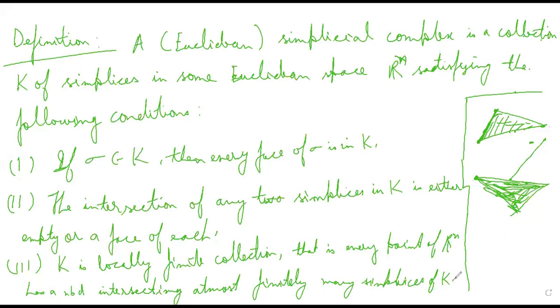So what does it mean? That means that a situation something like this is not allowed. For example, infinitely many simplices cannot have a common face. So it's not allowed to have infinitely many two-simplices intersecting at one point, having a common vertex. This kind of situation is not allowed.